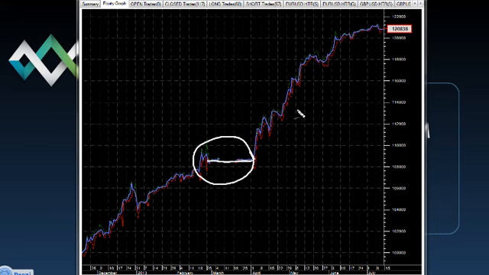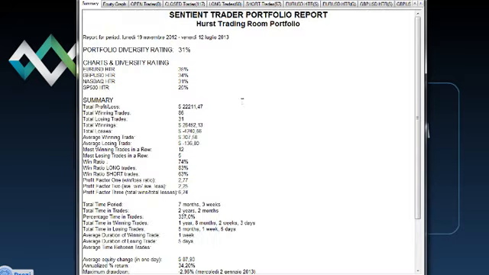Having taken a look at the equity graph, let's take a look at the summary, the numbers, if you're more of a numbers person and less of a visual person. Here are the numbers. First of all, of course, we can see the period of time that the portfolio was generated over.